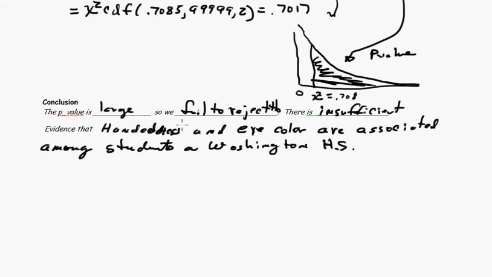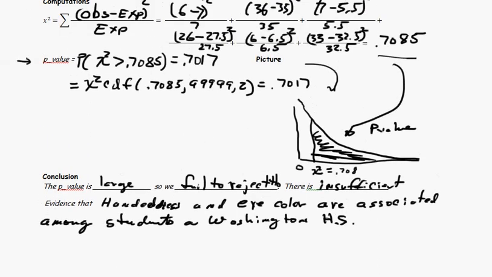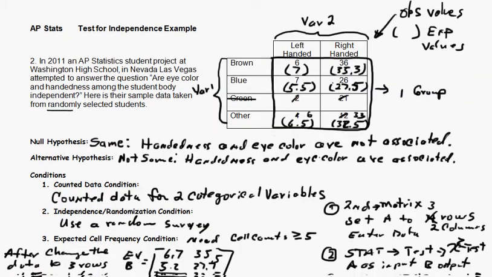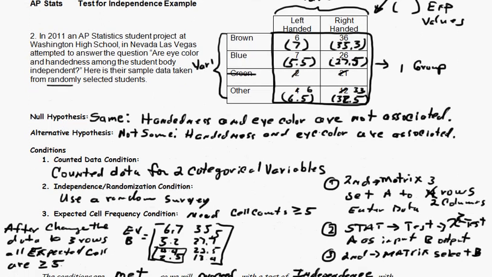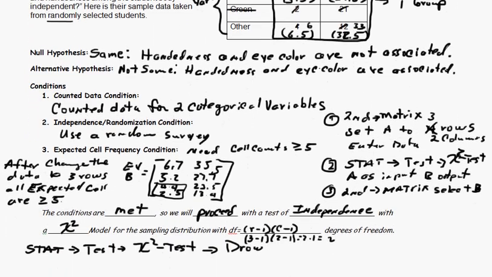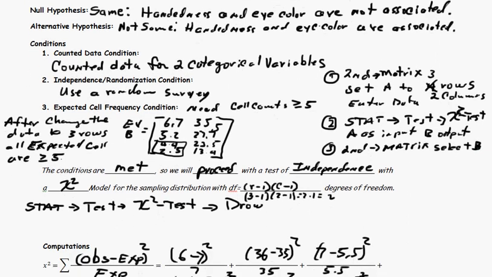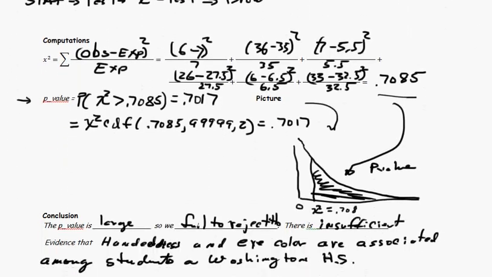What you don't want to do is make some kind of conclusion for all students, because we really only measured a population of high school students from this school. So again, the keys here to this problem were recognizing that you had 2 variables in one group, recognizing that the expected cell frequency was not met, and noticing how to fix that. Okay, so good luck with this.